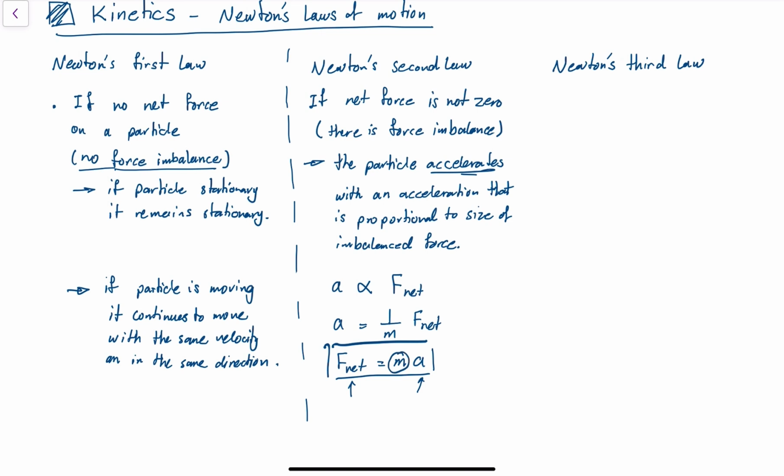And the relationship between these two is mediated by the mass of the particle. Here you can note that if F net is 0, you will end up with 0 acceleration too. And that is the first law of Newton.